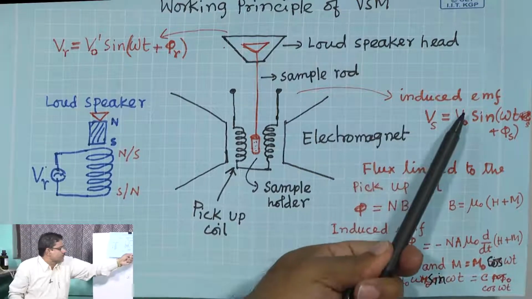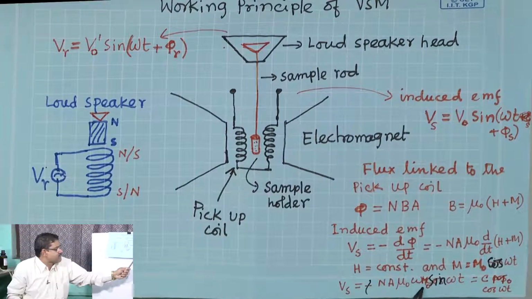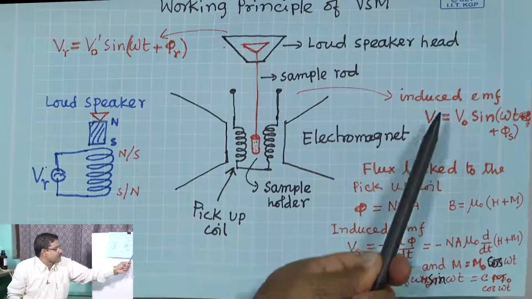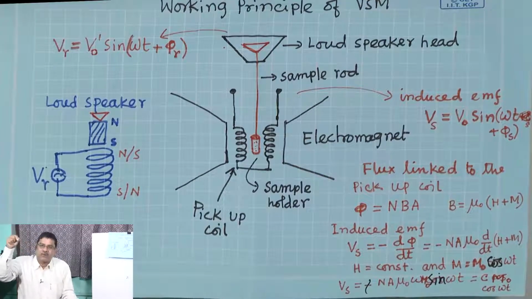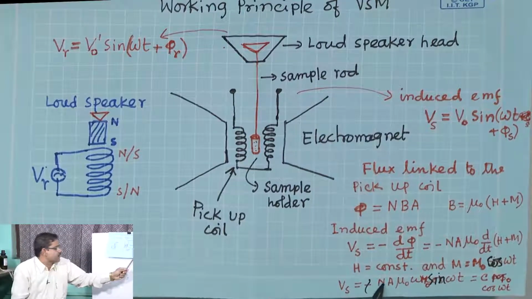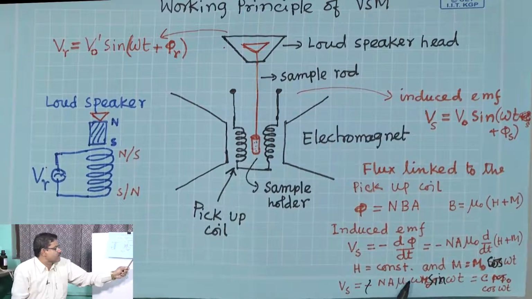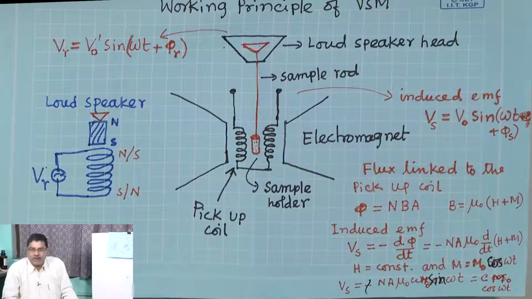So, in V0 basically you see this m0 is there. So, magnetization is there, okay. So, V0 equal to one can write n a mu 0 omega m0, okay. So, I want to measure m0, and m0 is related with V0.